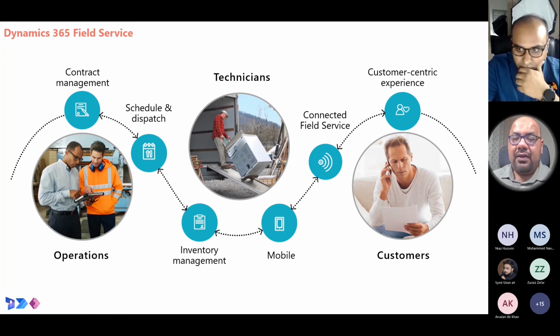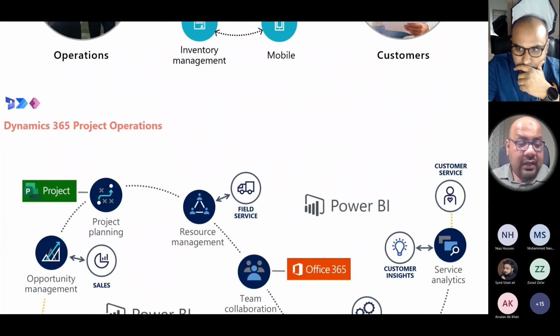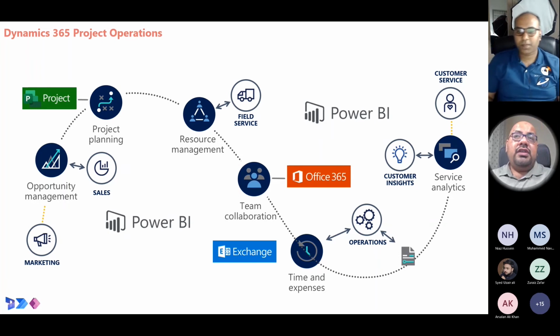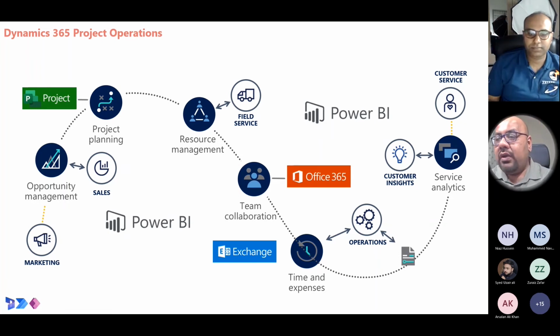Yes, perfect. Now, what we were covering, the next part is the project service automation. In project service automation, we have the end-to-end solution. You have the marketing campaign, based on that you grab the opportunities, based on the customer information you are expecting, the project planning works, then you allocate the resources.